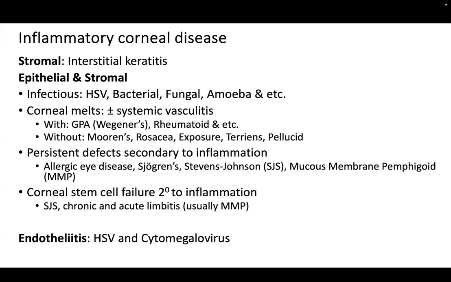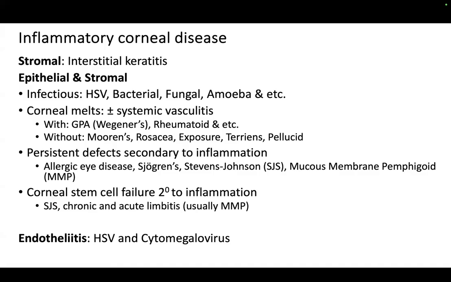Very often it's infectious, but we do see occasional corneal melts, which are autoimmune in nature. We might see persistent defects in the epithelium with some associated stromal inflammation that's associated with allergic eye disease, for example. That's quite common.